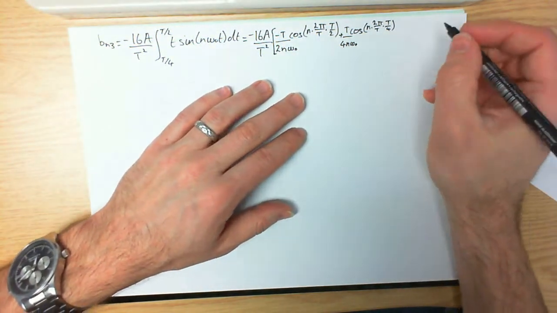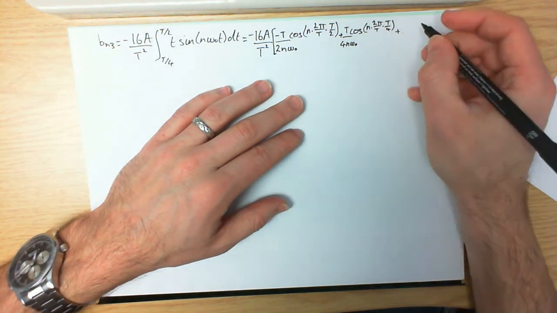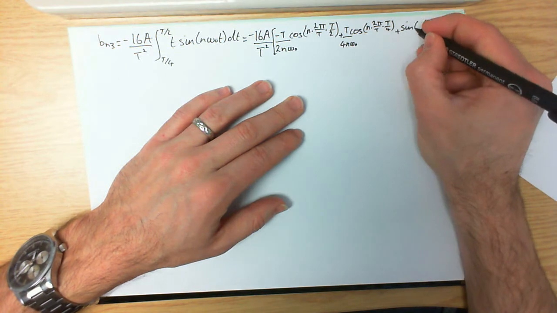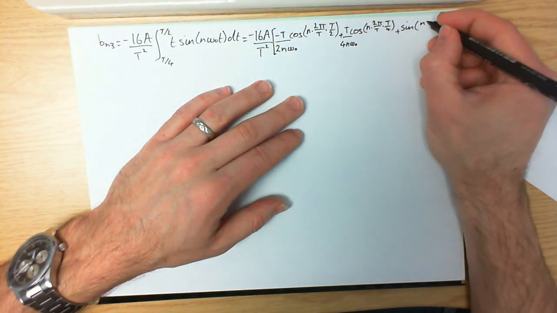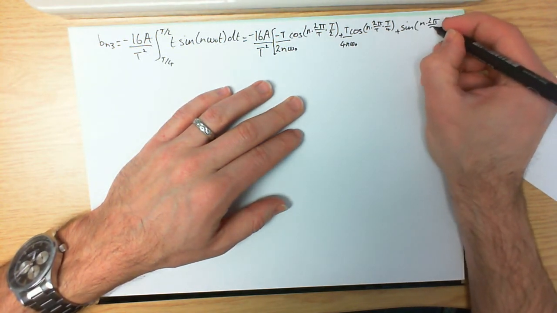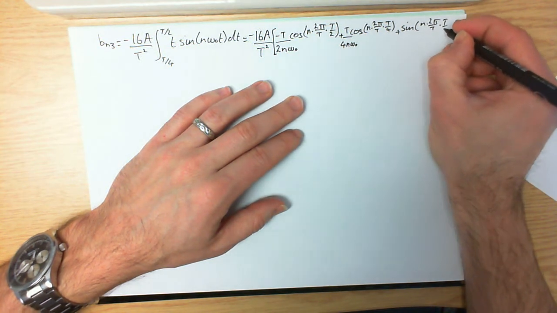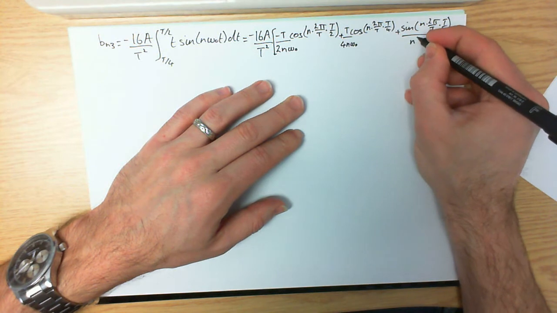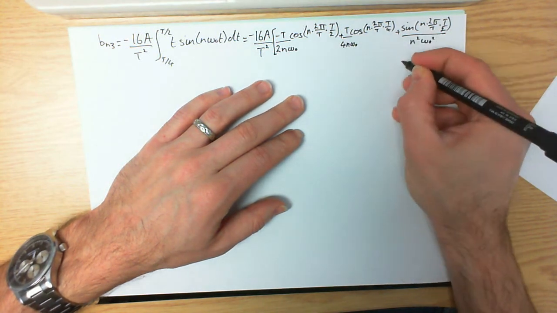That's the first bit. And then we've got plus sine of n times 2 pi over T times T over 2, over n squared omega naught squared.